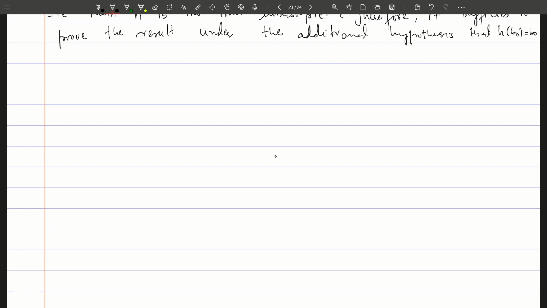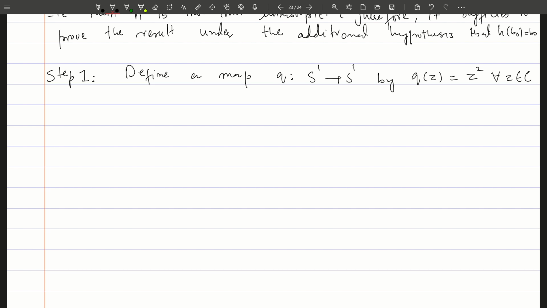Now we have the first step. In step first we define a map. So define a map, say Q from S1 to S1, by Q of Z is Z square for all Z in the complex plane.